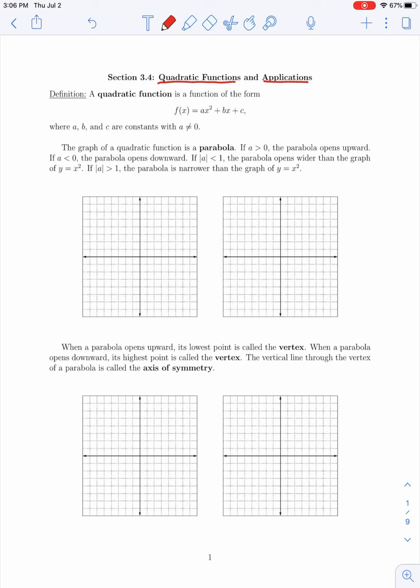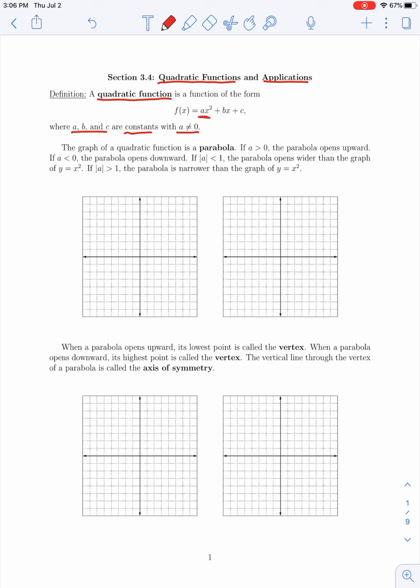So recall that a quadratic function is any function of the form f of x is ax squared plus bx plus c, where a, b, and c are constants, with a being non-zero. So that is some polynomial whose highest term is x squared.